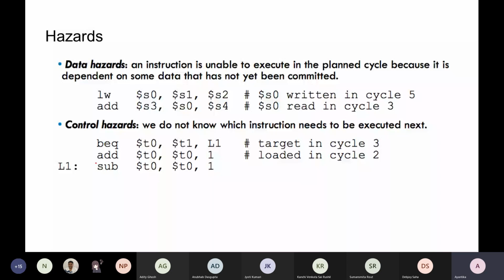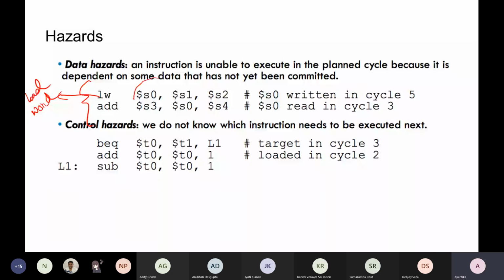This is load word, LW. If some of you do not know, this is load word. It is S0. You are doing some operation and writing that value to S0.